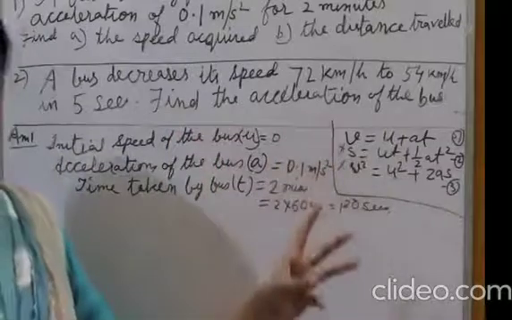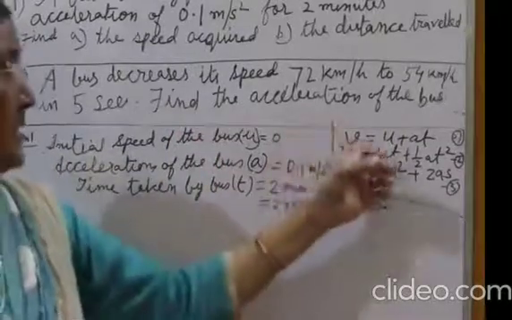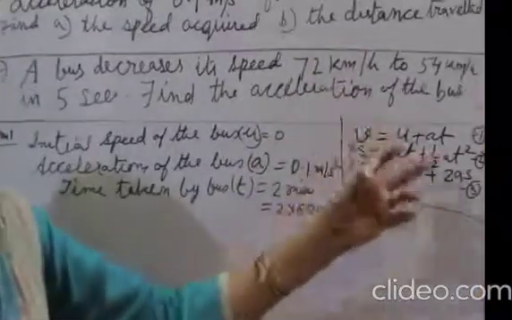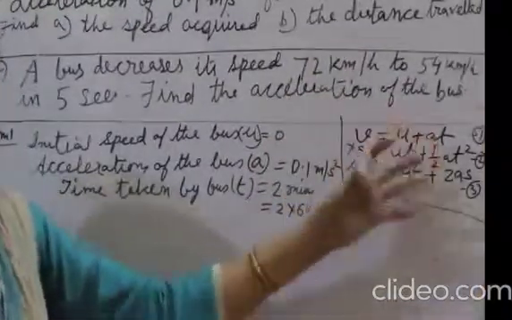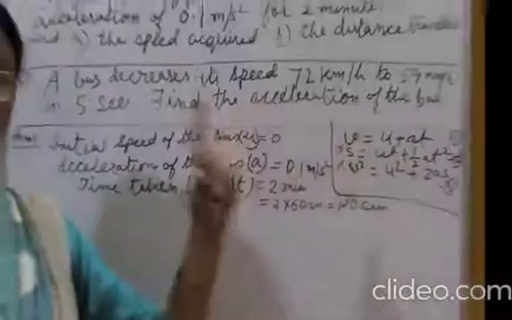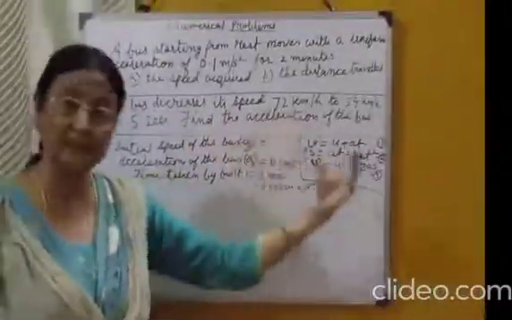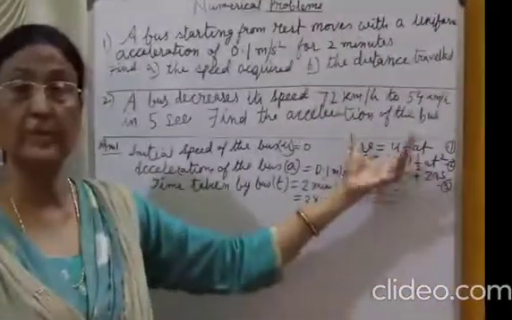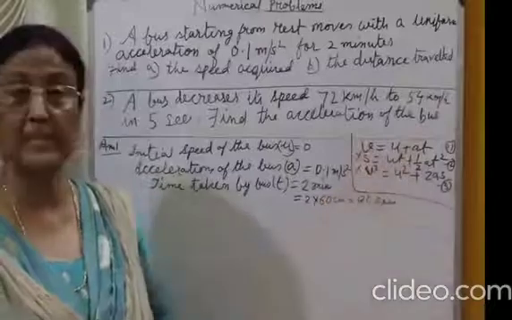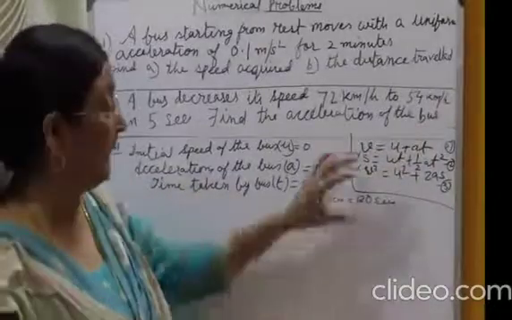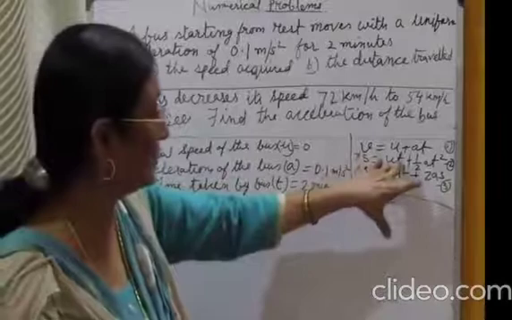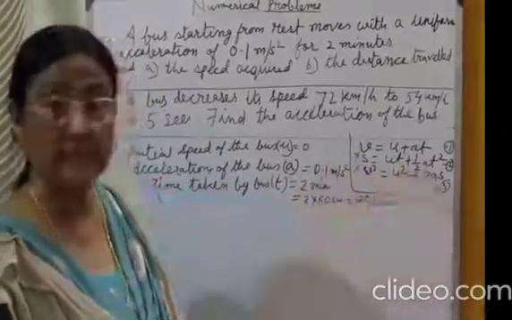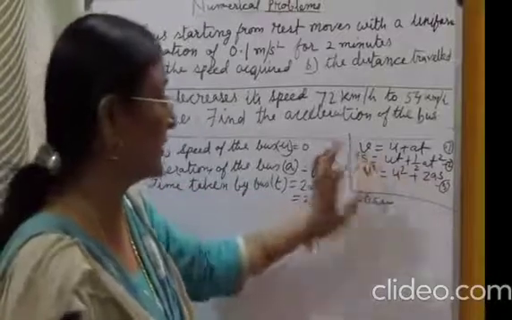Out of the 3 equations, you see which data you already know and which one is the only unknown. Then you select the equation as per the requirement. Here I won't take these equations. Why? Because s I don't know. Here also s is unknown. So these 2 equations I won't take.